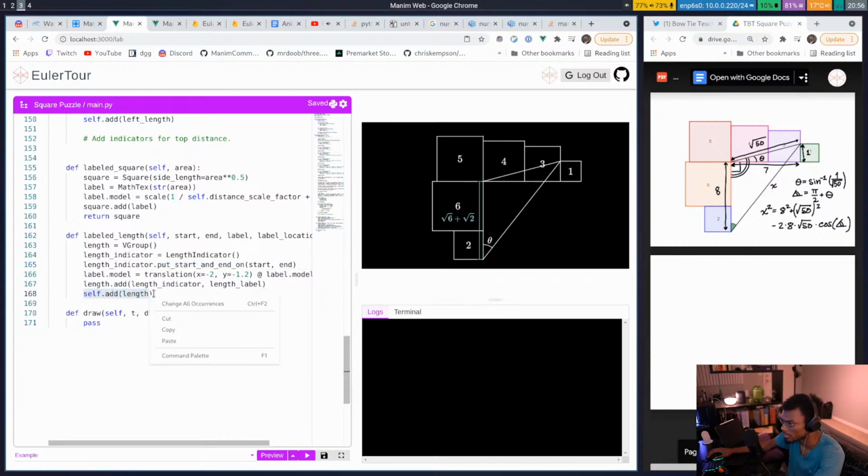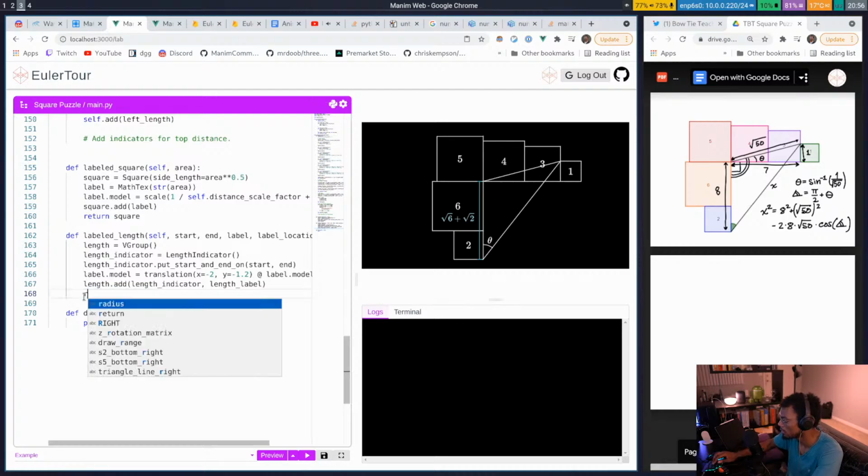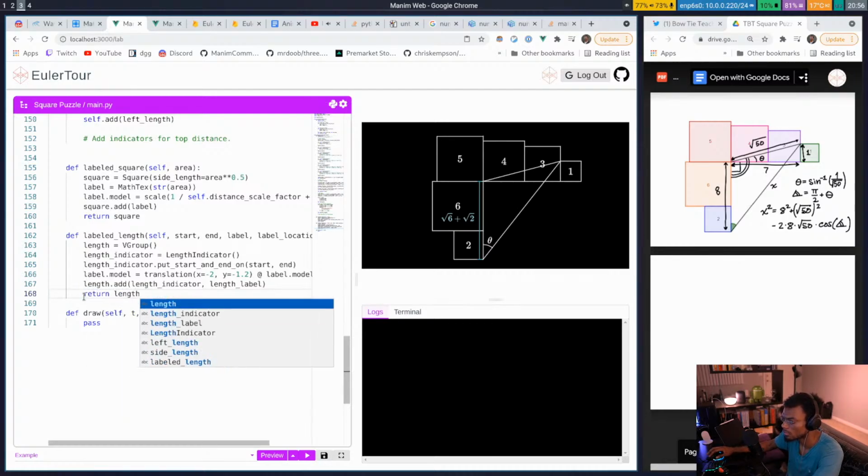And return this. Should be labeled length. Well, that's right, the name. Maybe group or something.